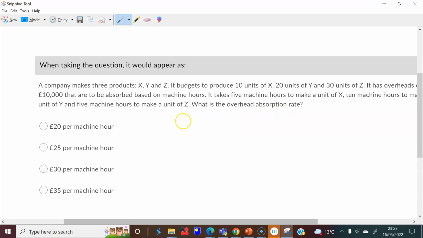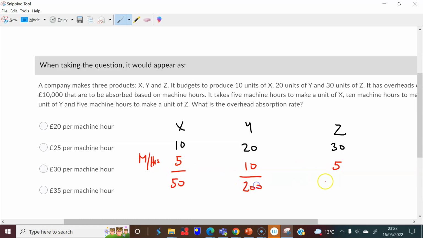So we have three products, X, Y, and Z. It says it budgets to produce 10 units of X, 20 units of Y, and 30 units of Z. And then it tells us that in terms of machine hours, it takes 5 hours to make each unit of X, 10 hours to make each unit of Y, and 5 machine hours to make each unit of Z. So we have a total number of machine hours as follows.